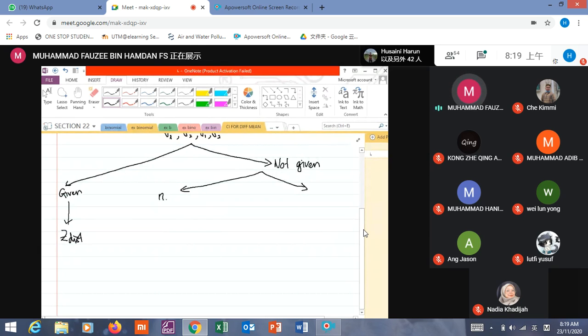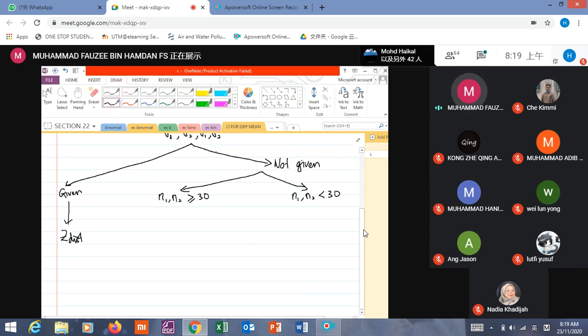Either both samples N1 and N2 are greater than or equal to 30, or N1 and N2 are both less than 30. It's not the summation N1 plus N2 greater than 30. No. N1 greater than 30 and N2 also greater than 30, or in the other case, N1 less than 30 and N2 less than 30.